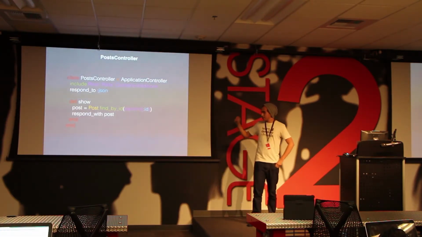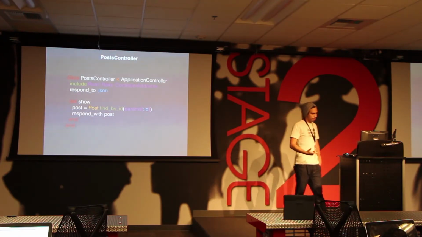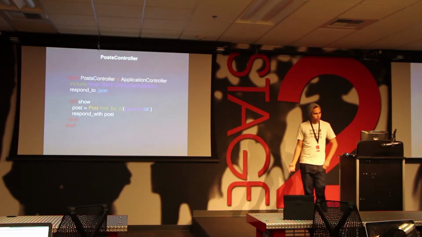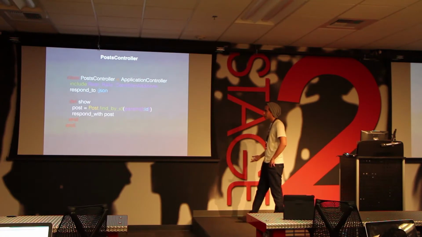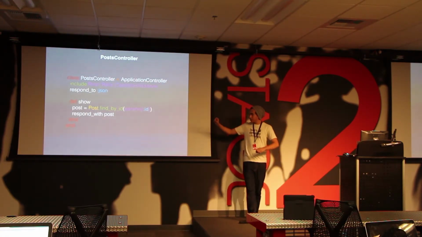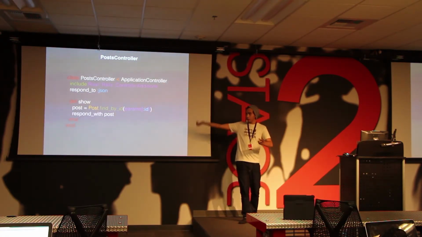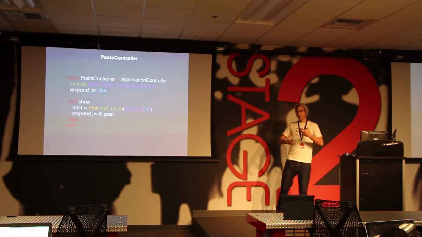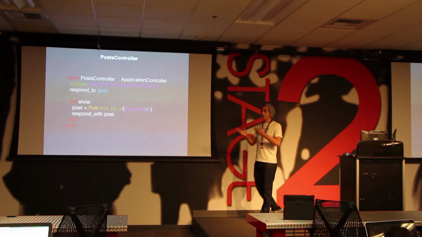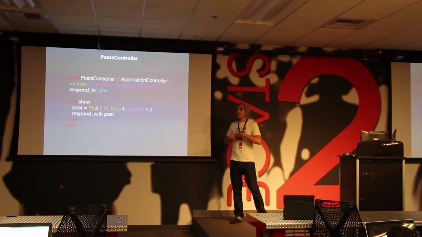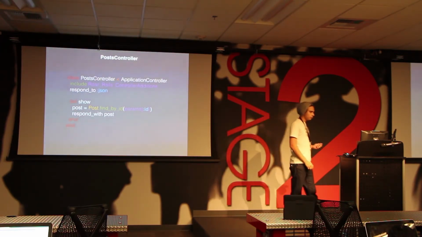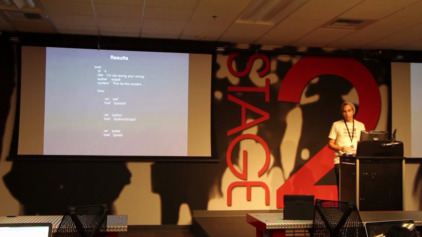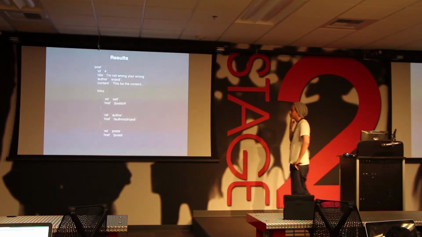And then you would have this new way of saying respond with, instead of respond, it's respond with post. And from this moment, it's going to take that object post and throw it over to the representer. The representer gets the context of the view and how to interact with it, knows what URLs are related to it at that point, and then sends it back to us. And then we get something just like we had as an example.